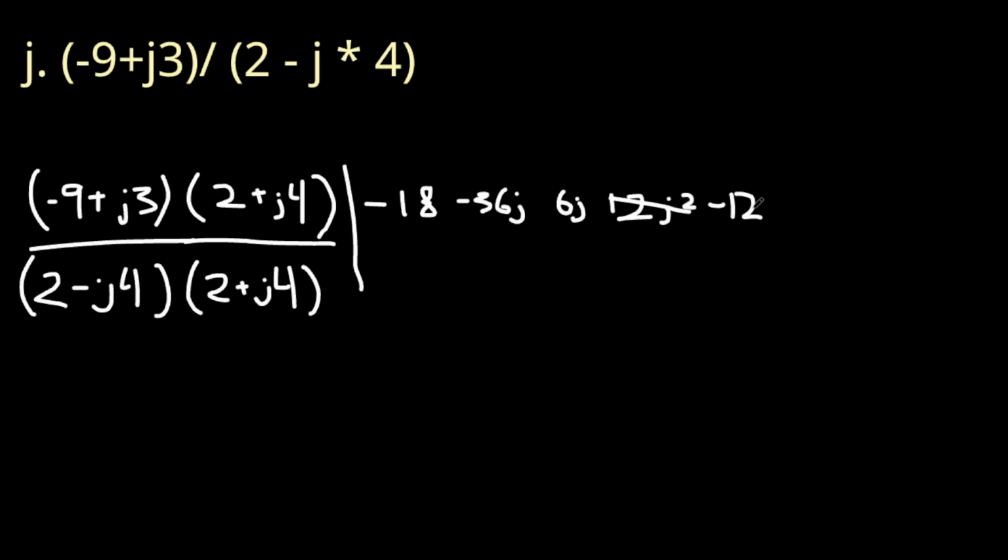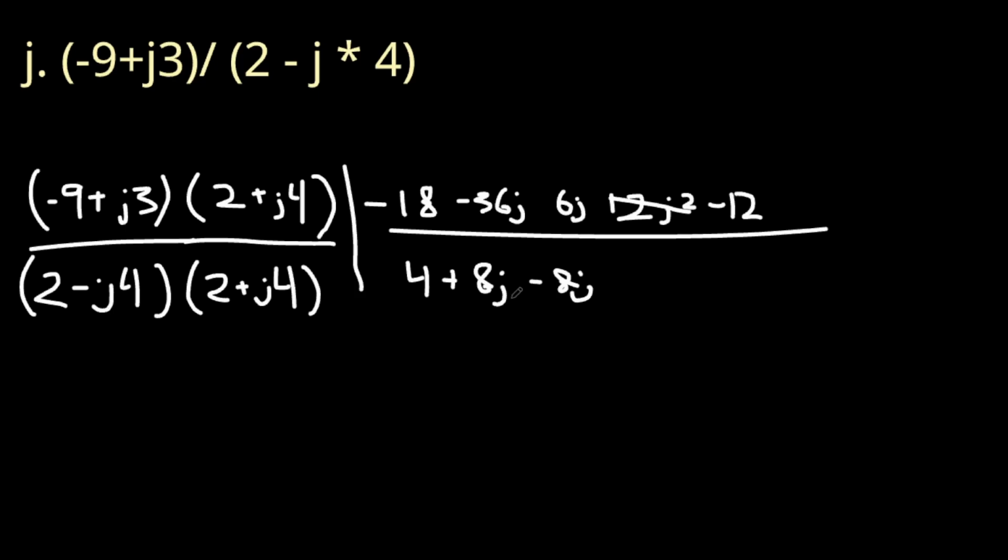Now what we can do is the combination of all of these. Actually, let's do the denominator first. 2 times 2 is 4. Then 2 times 4j gives positive 8j. And for the other j term, negative 4j times 2 is negative 8j.